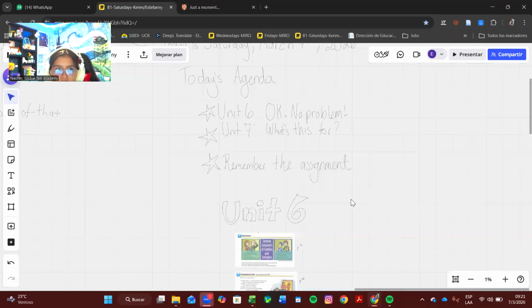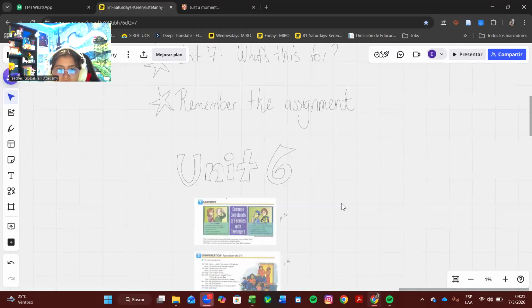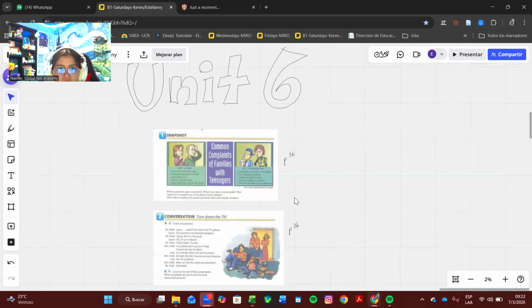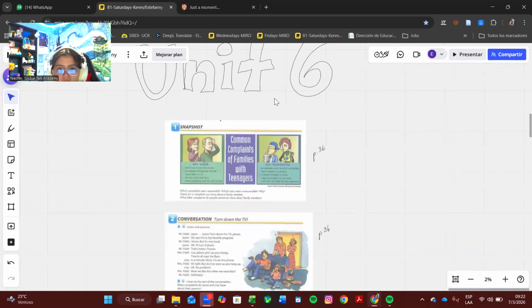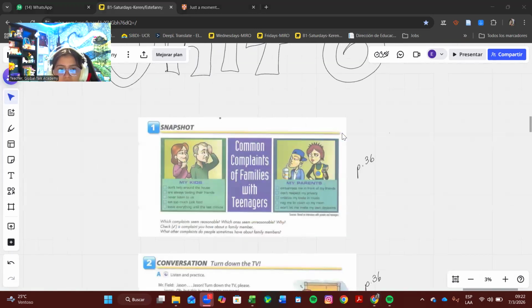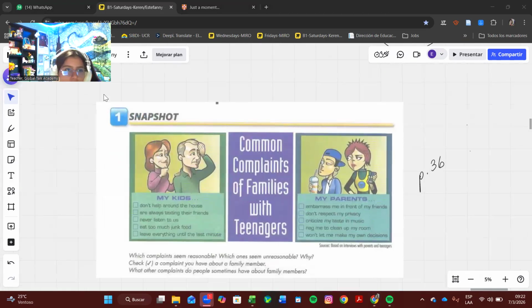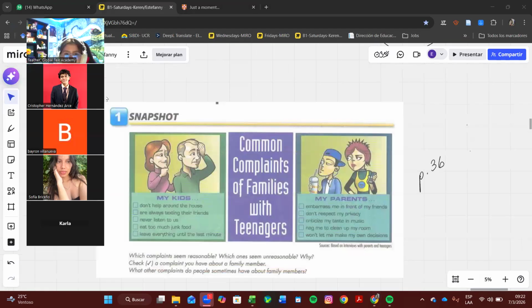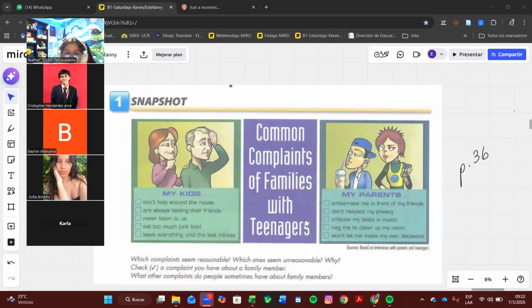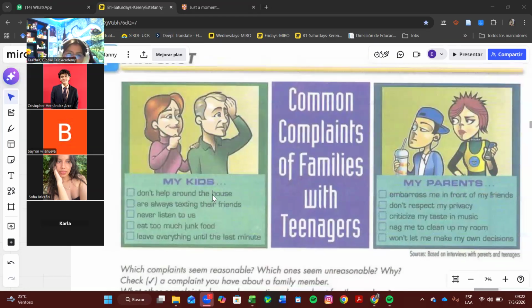And let's start right away with unit 6, okay? So this is page 36. In this unit, we are going to focus on common complaints of families with teenagers. For example, my kids don't help around the house.